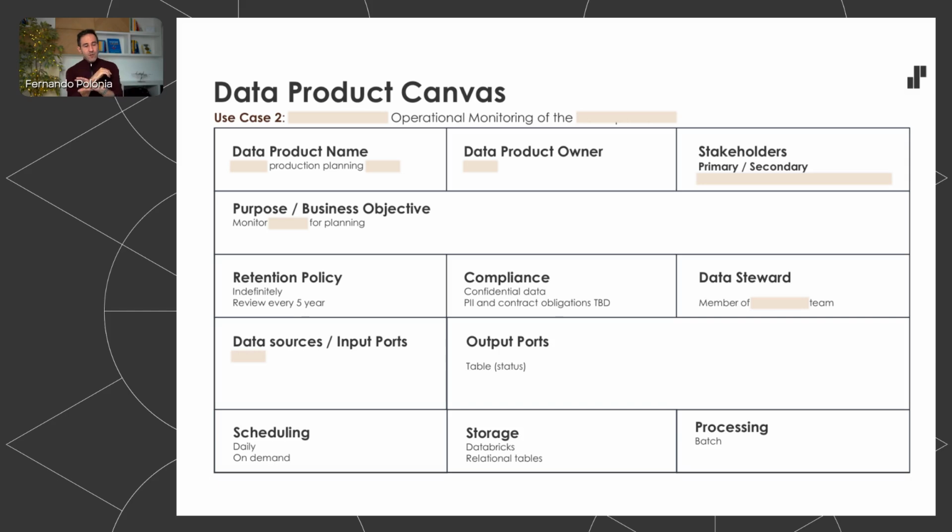And this is very useful because as we start to hand these out and they get to stand up, go to a wall, look at this drawing and go, okay, the name of my data product. Oh, who's going to own this? What does it mean to own it? That's usually a session. What's the purpose? In a data product, you have all of these things that you need to think about. They are already here for you to think about.